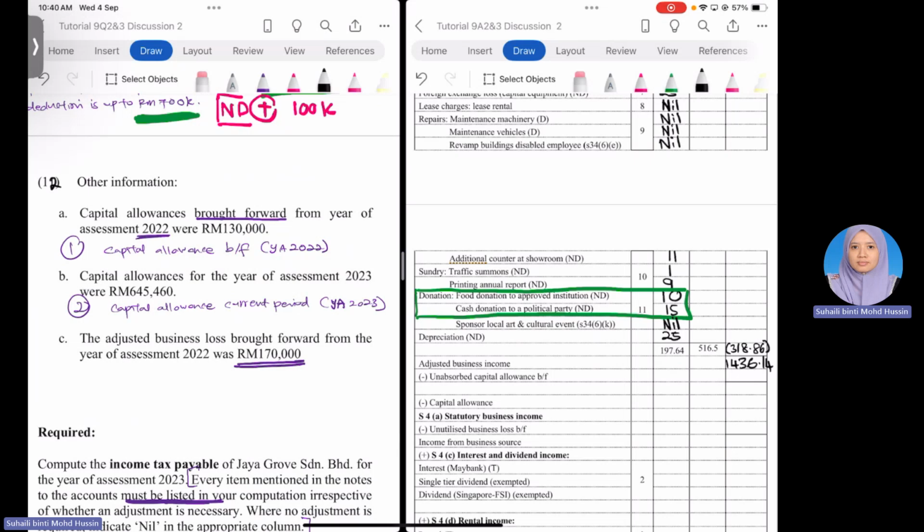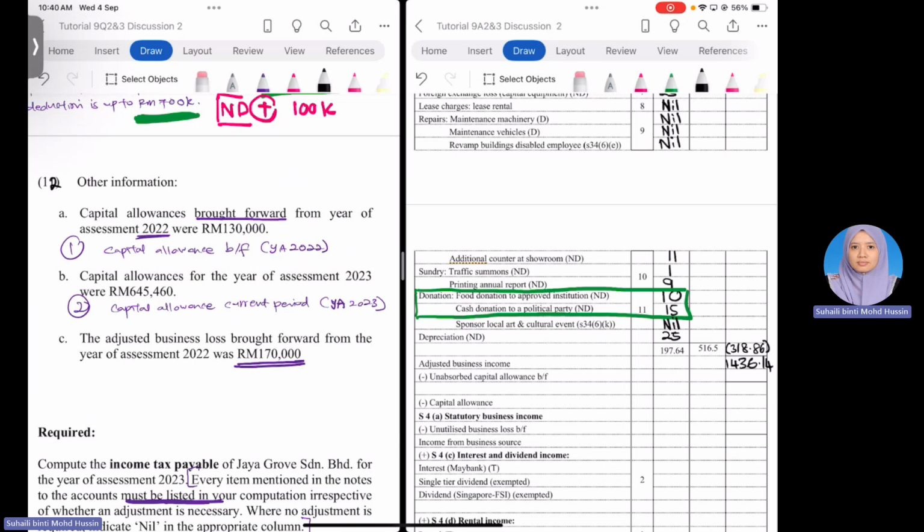So we understood from the information in number 12 that last year the company suffered a loss. That's why they could not deduct capital allowance last year, so you bring forward this amount to the current period.